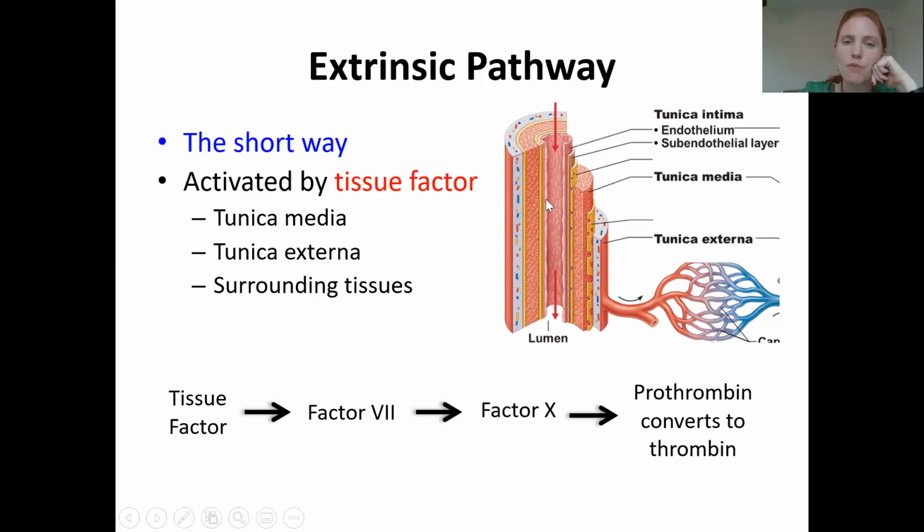So you have the damaged tissues, they secrete tissue factor, and that activates just two factors. Again, here's the one you need to know: you have factor 7 and then factor 10. So it's much shorter, not the long cascade that we saw before. Once you activate factor 10, that converts prothrombin into thrombin, and there you go. Now you have your blood clot.